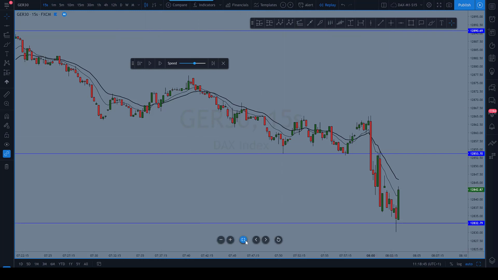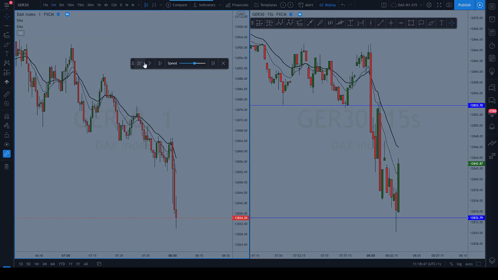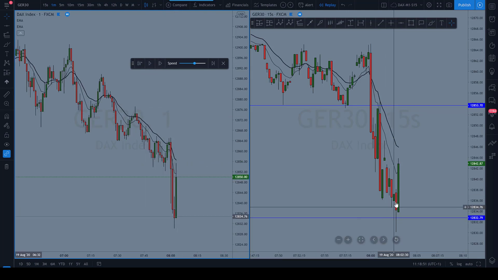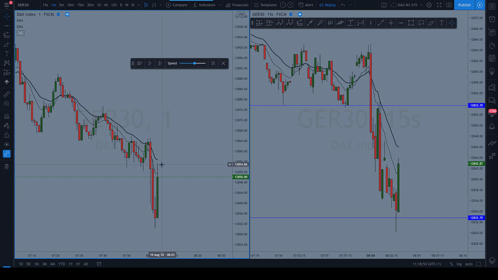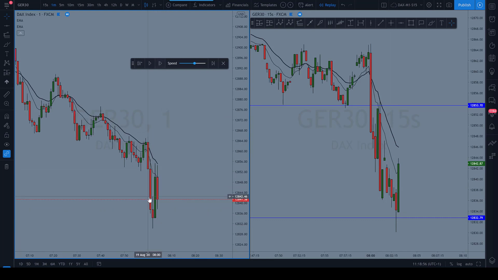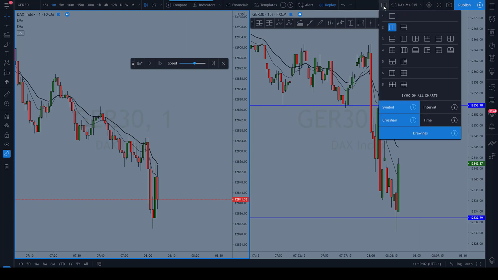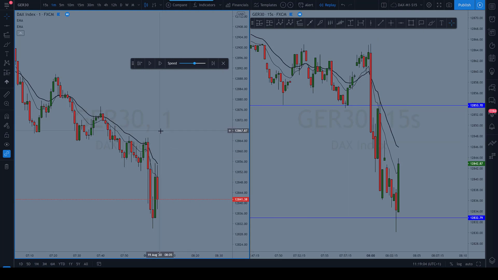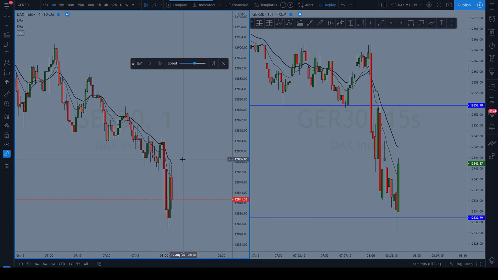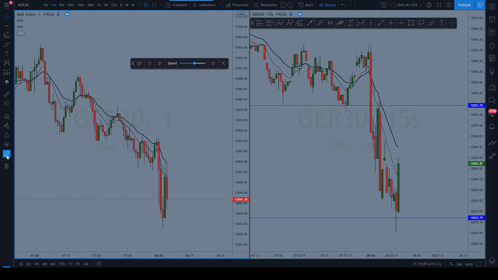Let's go back to the M1 chart. So this is the same going on up. Comes to those levels, what happens? Why do I not have the same drawings?